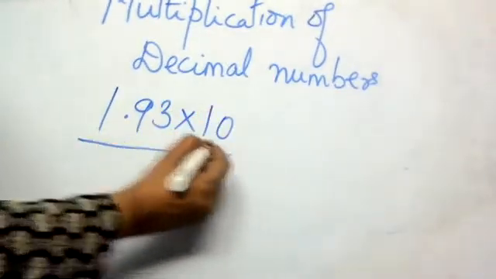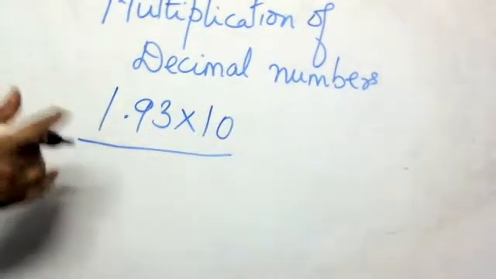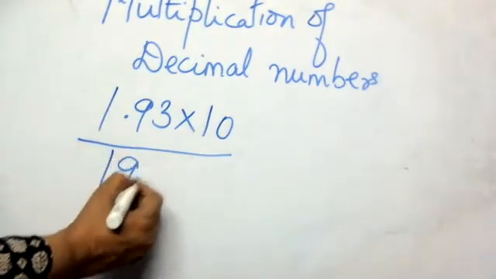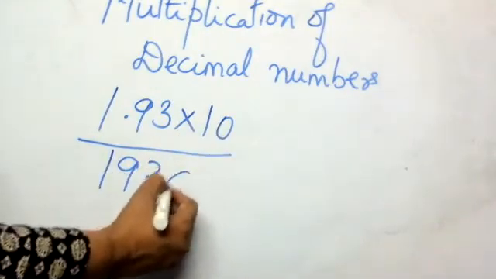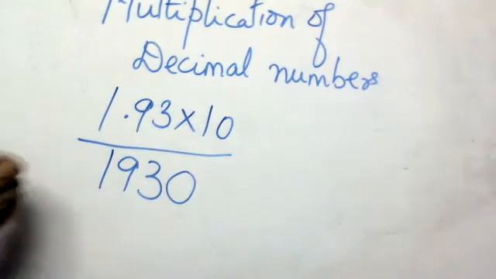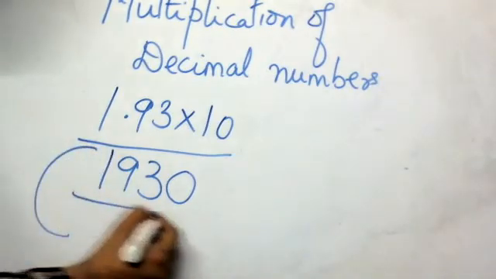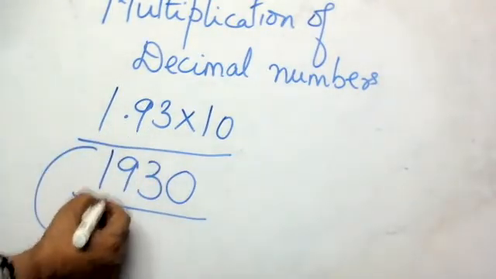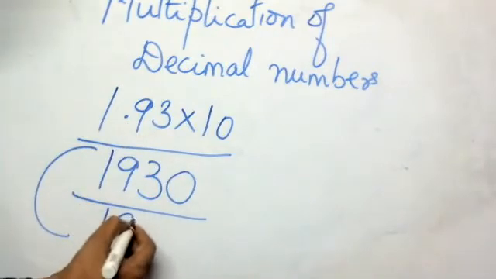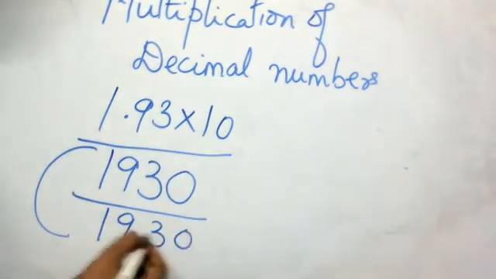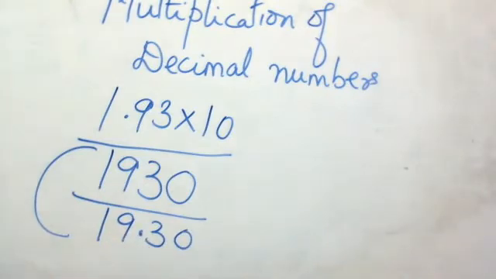So the first step is 193, just write it as it is and put the 0. The second step, where is the decimal place? After two digits, from the right side, 19.30.